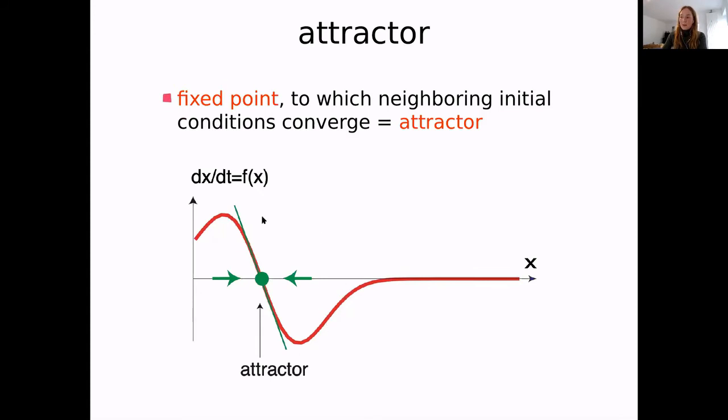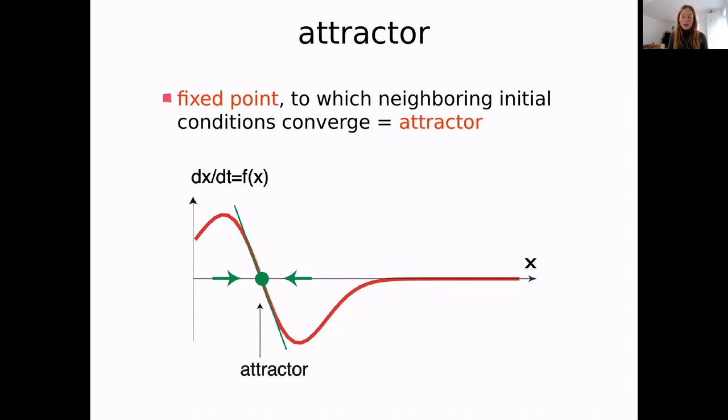So stability is always something that is locally defined. There may be fixed points that are globally stable. That is like the linear system we already investigated. So it does not depend on how far away your state is from your fixed point.